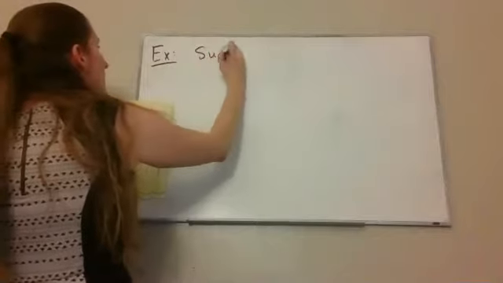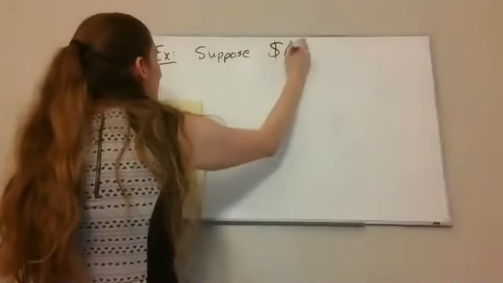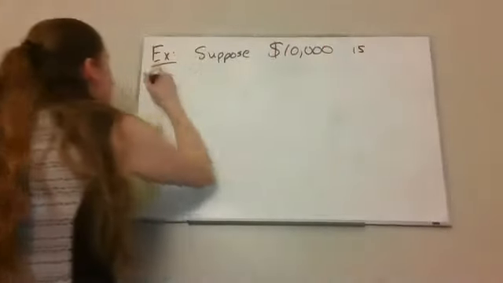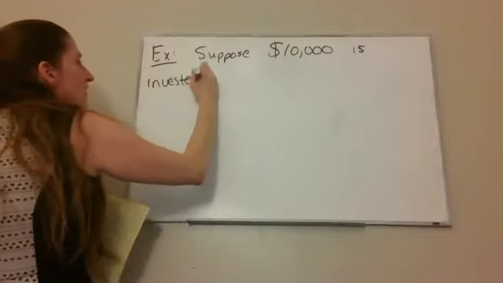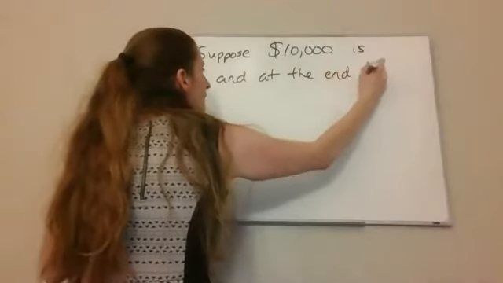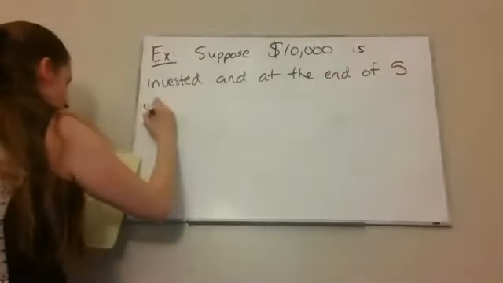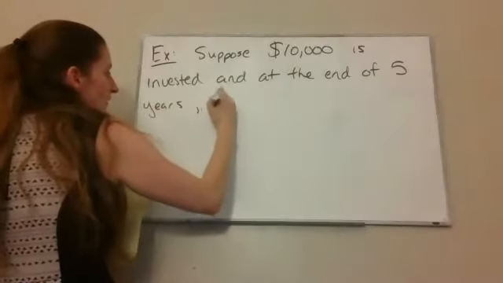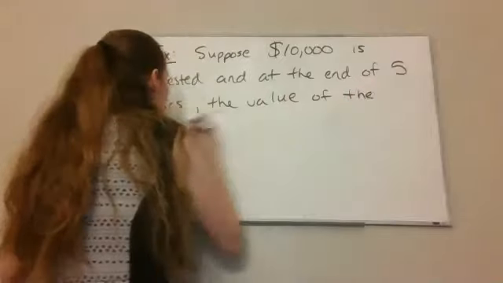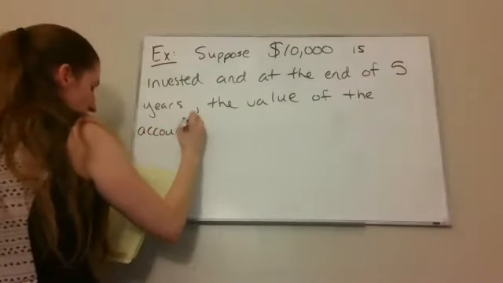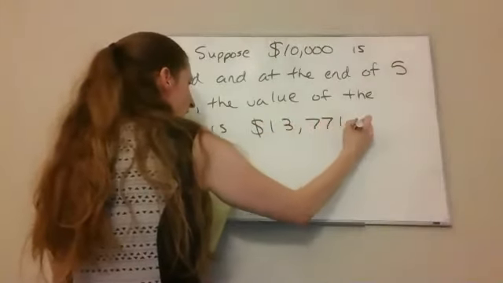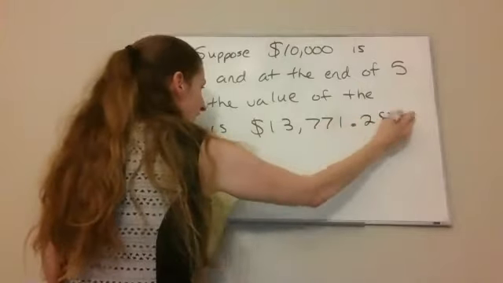We are going to suppose that $10,000 is invested and at the end of 5 years, the value of the account is $13,771.28.